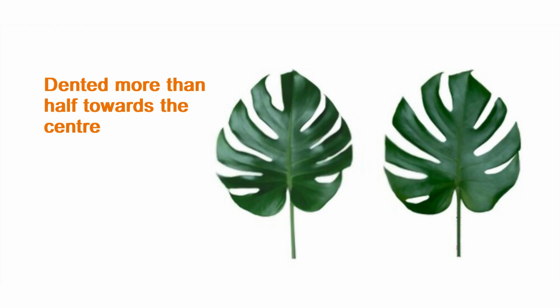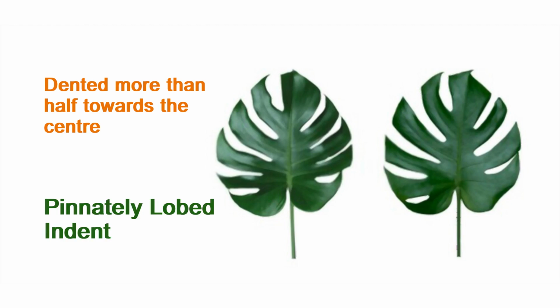But when it's dented more than half into the center, it has a name. We call that pinnately lobed indent. That means it is dented more than half into the center. That's pinnately lobed indent.